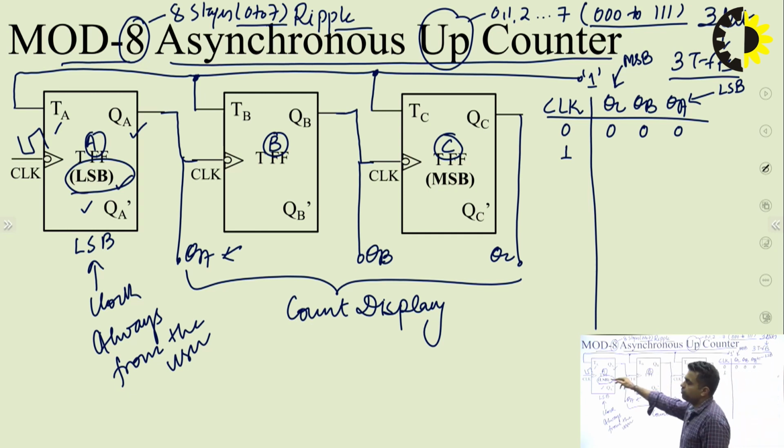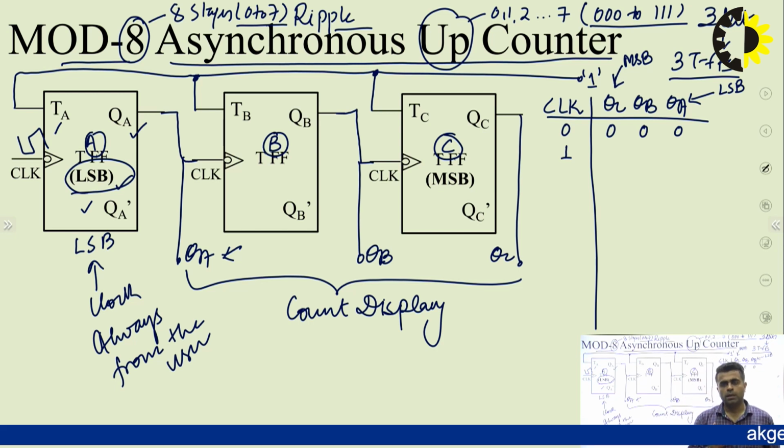Now the T inputs of all the T flip-flops are connected to logic 1. That means these flip-flops are just waiting for the clock, because T is equal to 1, and the output of the flip-flop will toggle on the next clock pulse. Whatever the output of this flip-flop is, it will get toggled if it gets the clock pulse. Why? Because T is equal to 1.